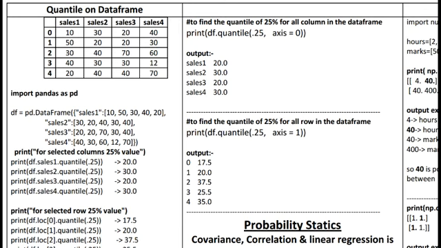This belongs to quartile. Quartile means 25% data, 50% data, 75% data and 100% data. So the quantile method we can use to show how much quantity you want, because we have a large volume of data, and a large volume of data we cannot carry with us.